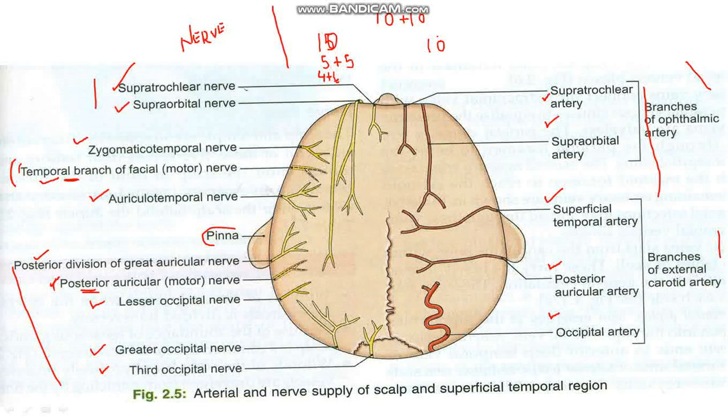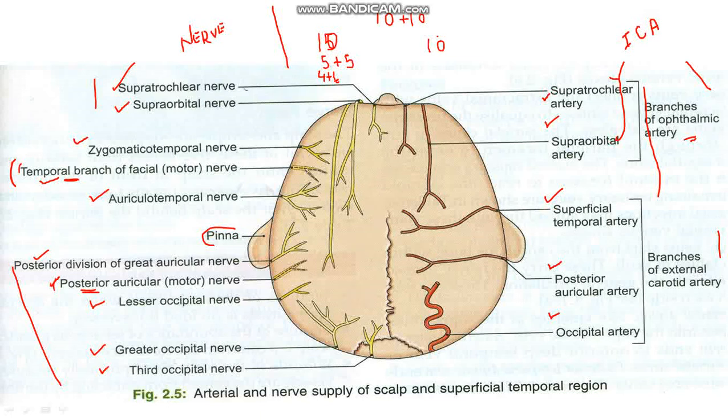So these two, supratrochlear and supraorbital artery, are the branches of internal carotid artery.